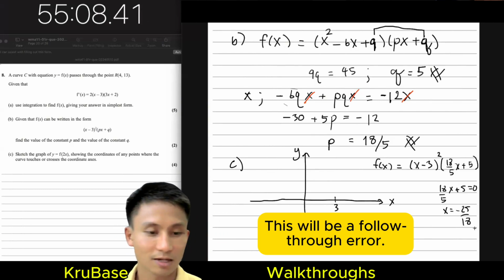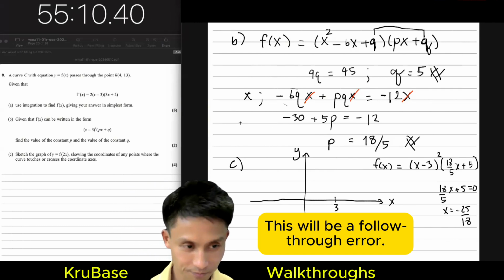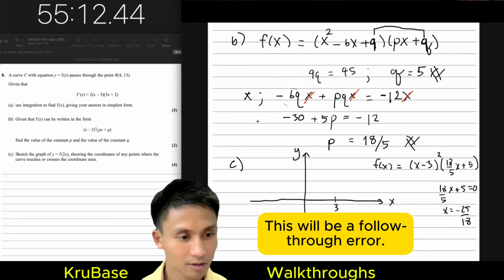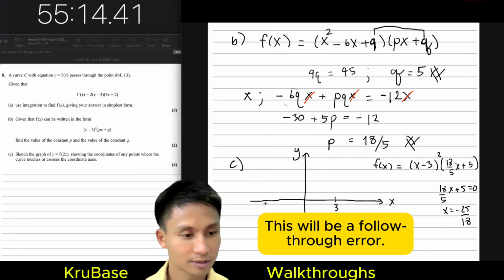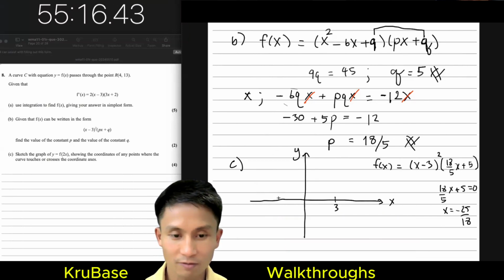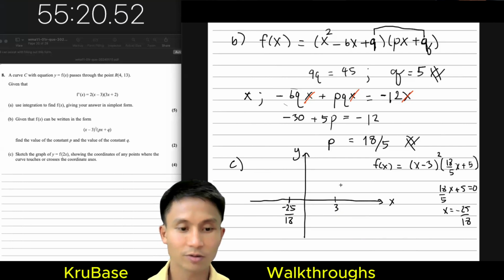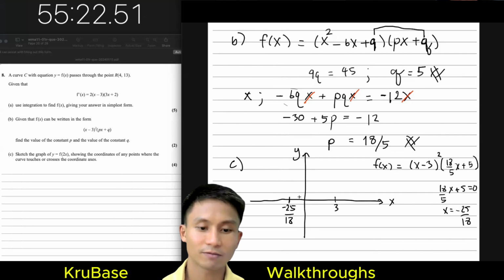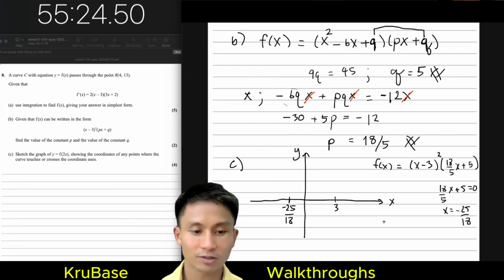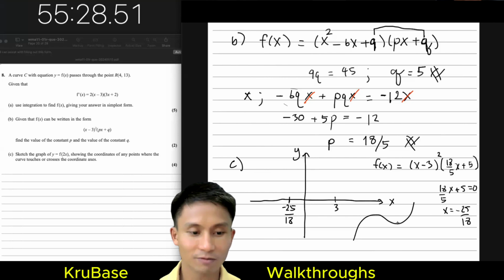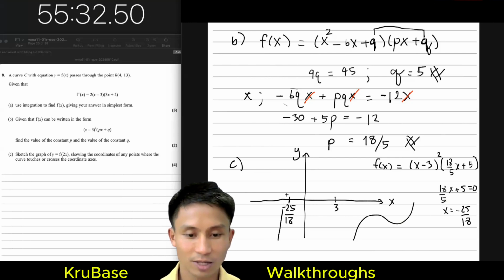It's on the other side of the x-axis. So minus 25 over 18 is a bit more than 1. Okay. So it's going to be a positive cubic, right? But we got to have the turning point here touching the 3. Yeah. So it's going to be like that.